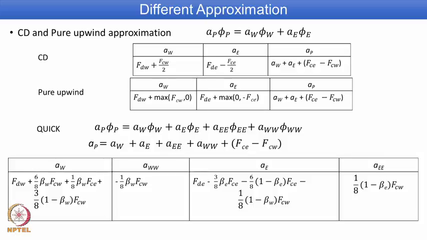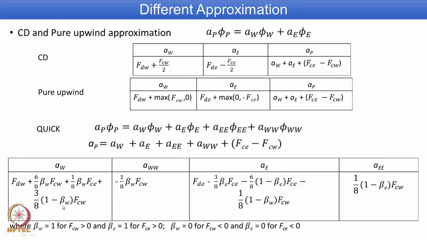Correspondingly, you can write down the coefficients: AW, AWW, AE and AEE. We have introduced a new coefficient beta, which is again decided based on the direction of the flow. If beta is equal to 1, then the flow is from left to right, it is positive. If beta is less than or equal to 0, the flow is from right to left, and accordingly the corresponding weightage is taken to determine the coefficient values.